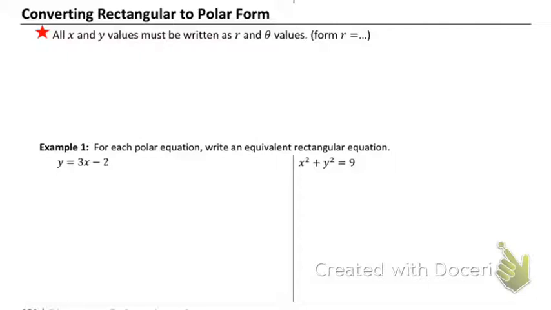So we're just going to list things like the fact that x equals r times cosine theta, y equals r times sine theta. And then we'll also go with r squared equals x squared plus y squared.